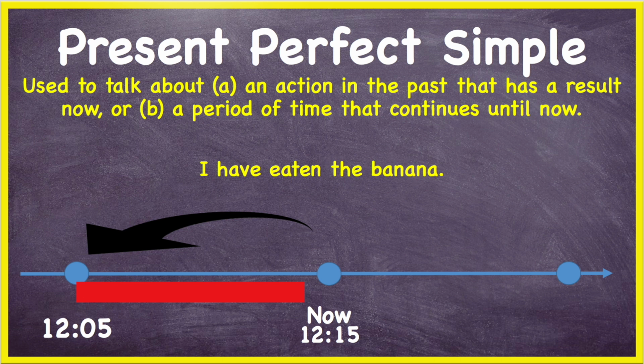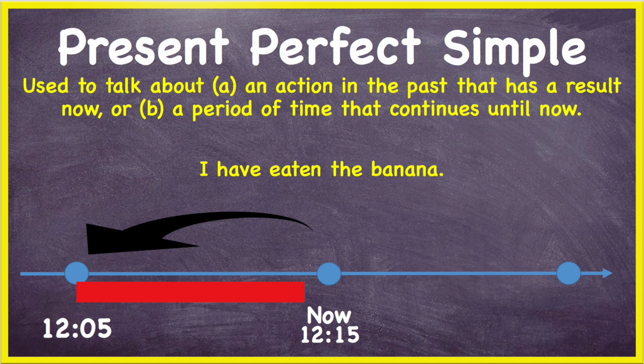If you're talking about traveling, you might say, I have been to the USA. And the result is that you have done that, but we don't know when, right? It's not something that tells us when, but it does tell us the result that you have been to the USA.